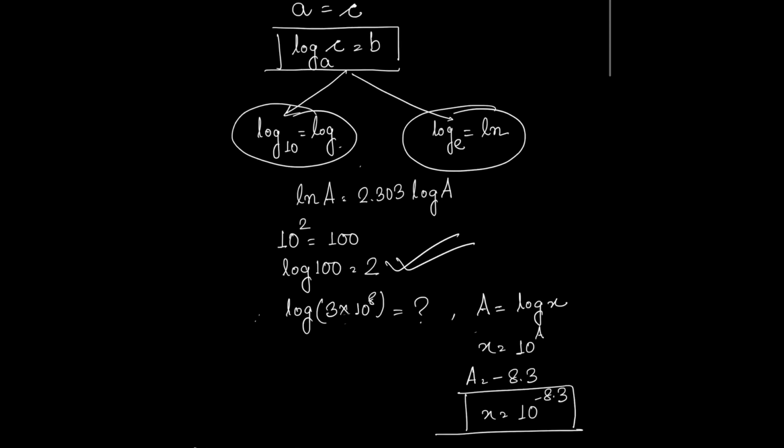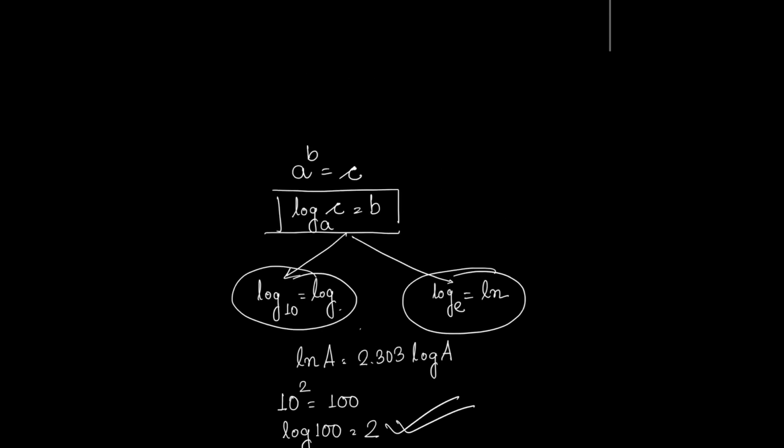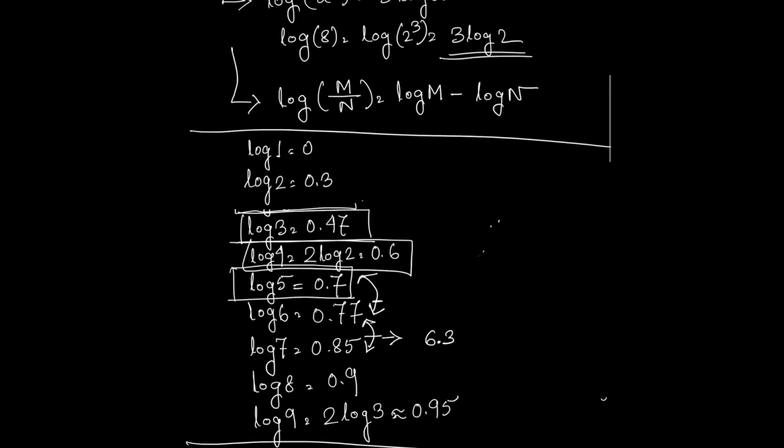Now let's find it in the log table. You will know on your own as soon as the log table is at your fingertips. Let's say there is no such option where log x is 0.1, but 0.1 is in between 0 and 0.3. So its answer would be in between 1 and 2, and 0.1 is nearer to 0 than 0.3.